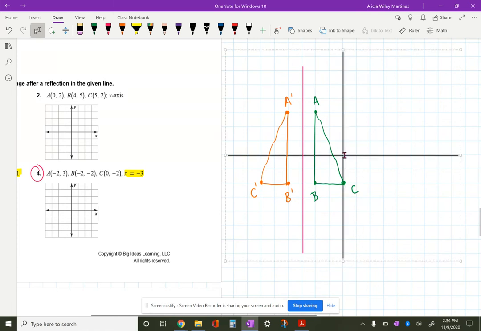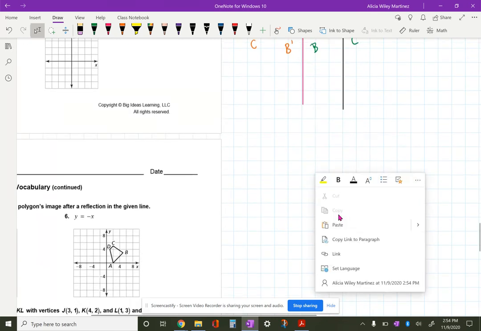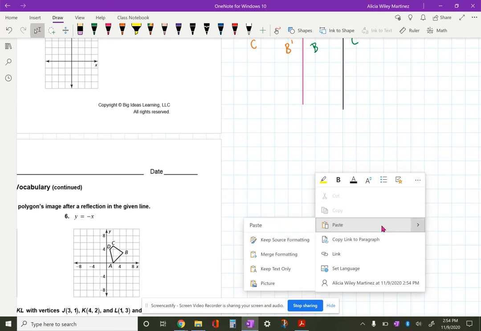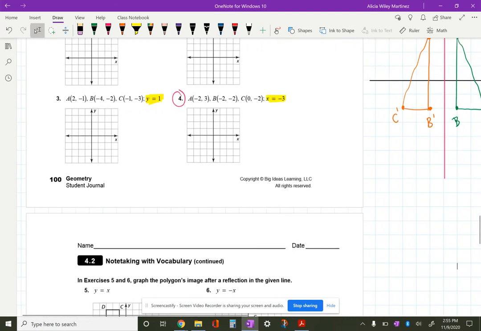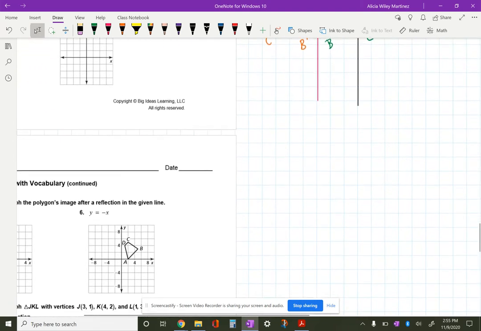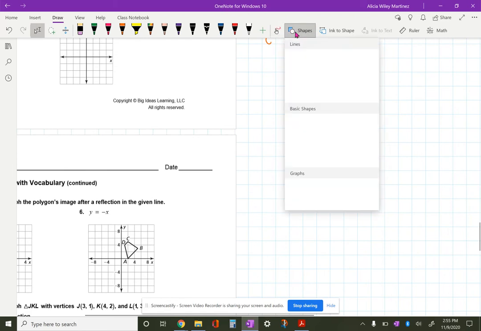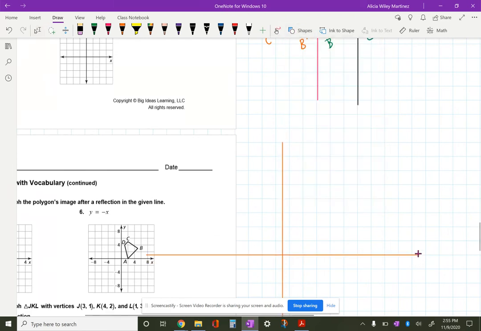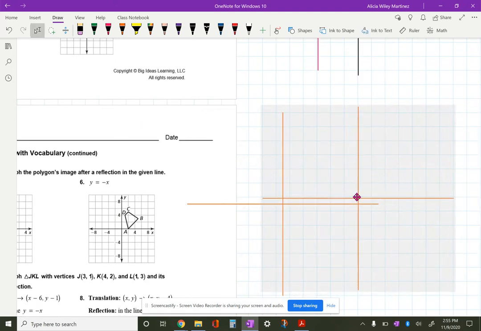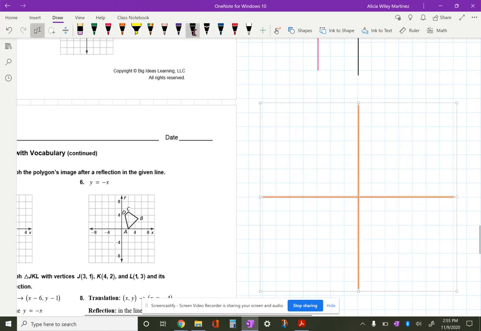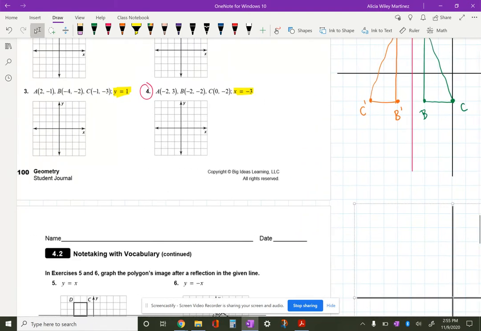Okay, so now what's different about that when I go to do my next problem? When I go to do number 3, I am going to insert my shape here. Let me get my axes here. Okay, so here it is. What's different about this problem is that my line of symmetry is y equals 1.